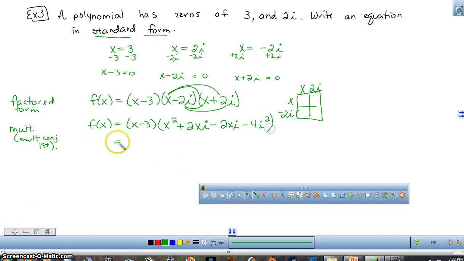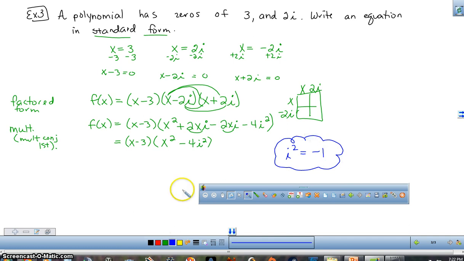We're going to clean some of that up. These cancel out because we multiply conjugates together. And we should all know what i squared is. So x minus 3, x squared, and I'm just going to rewrite on top of this. i squared is really negative 1, so that gives me a positive 4.